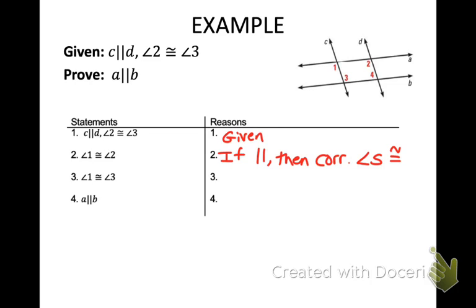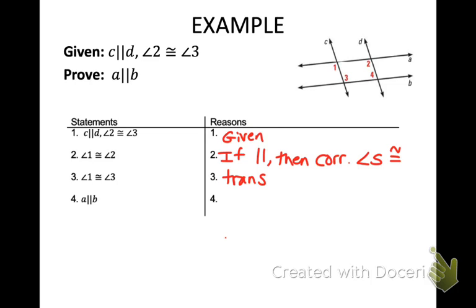And 4. If you look at line 4, what gives us parallel lines? Well, congruent corresponding angles gives us parallel lines. Congruent alternate interior angles give us parallel lines. Congruent alternate exterior give us parallel lines. So what is 1 and 3 up in that diagram? Alternate interior. Colby, what is 2?